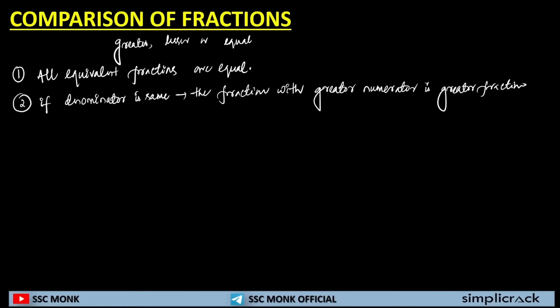Now let's say fractions are like this: 1 by 5, 2 by 5, 3 by 5 and 4 by 5. Now in all these fractions 5 is equal, but which numerator is the highest? 4. So 4 by 5 is greater than everything. 4 by 5 is greater than 1 by 5, 2 by 5, 3 by 5.